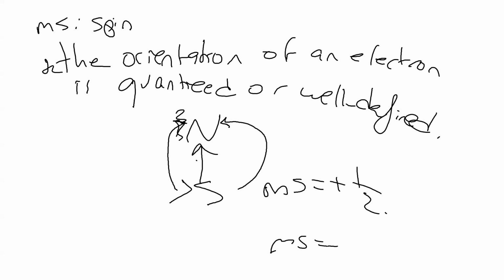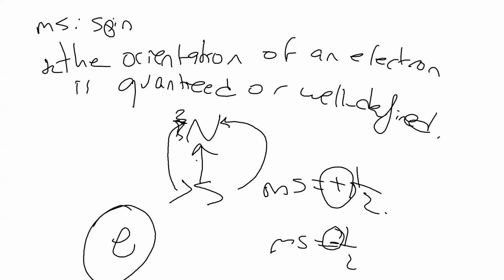Why is one against the other with the same value? Because one of them is clockwise and one is anti-clockwise. It's a kind of magnetic orientation of the electron around itself. This is the spin magnetic quantum number.